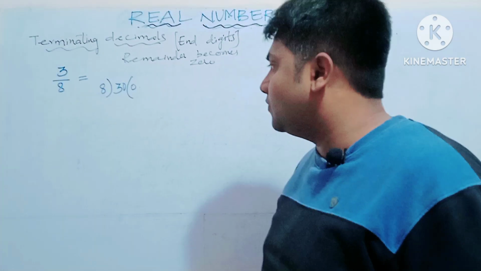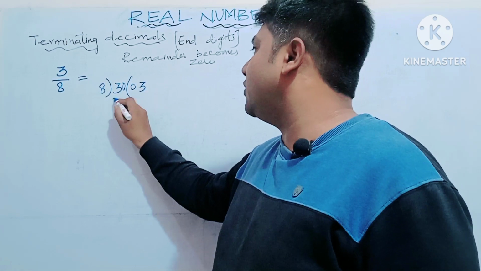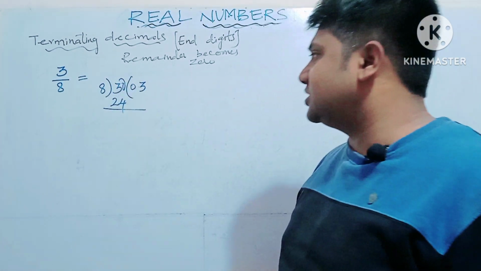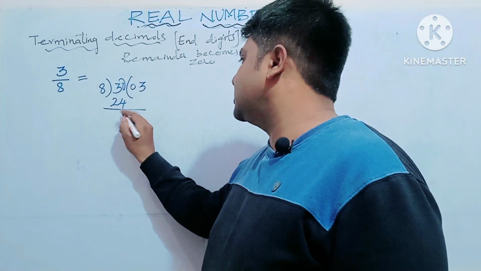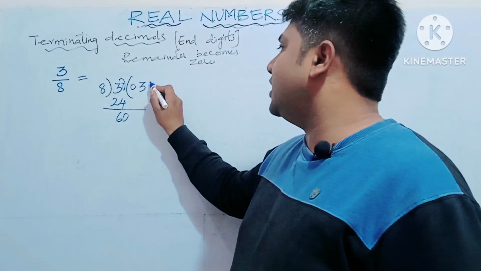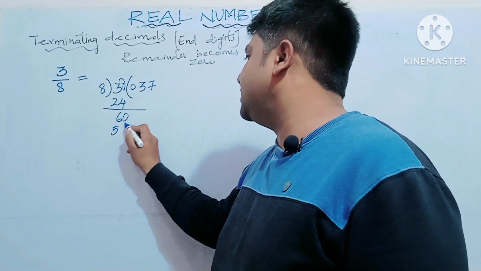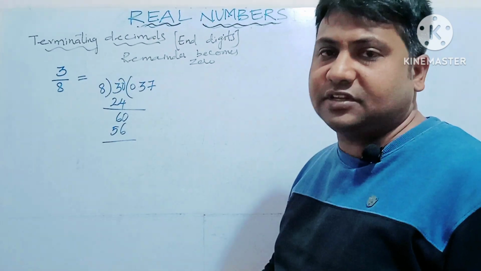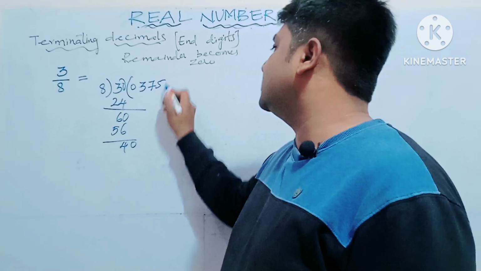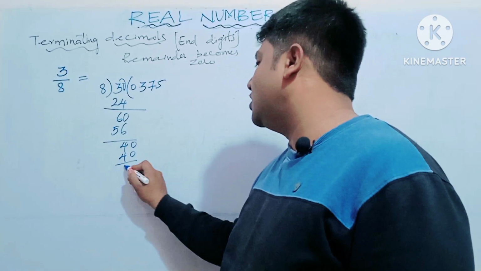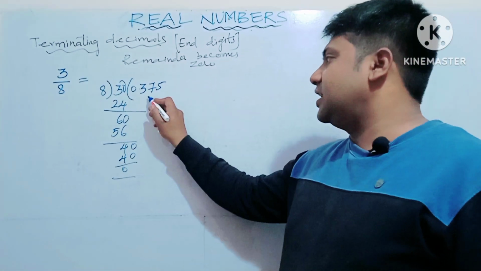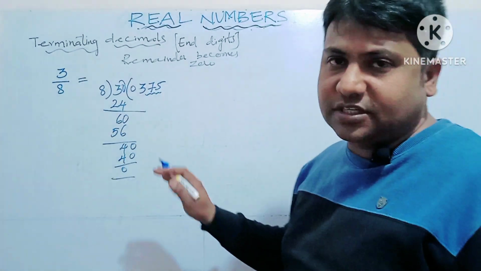Then 8 3s are 24, and 30 minus 24 is 6. Taking 0 again, 8 7s are 56, and 60 minus 56 is 4. Again taking 0, 8 5s are 40. Here we get remainder 0, and it stops.